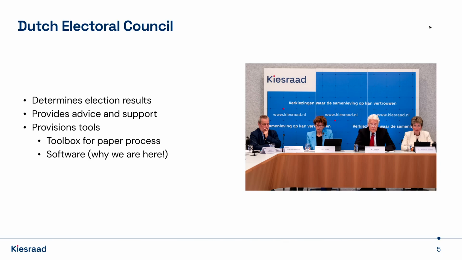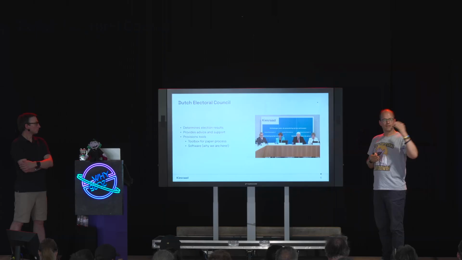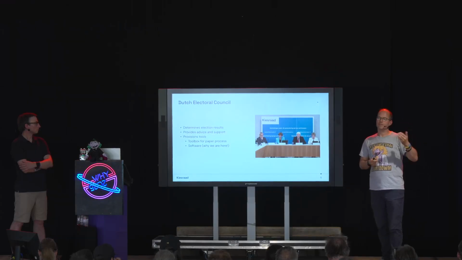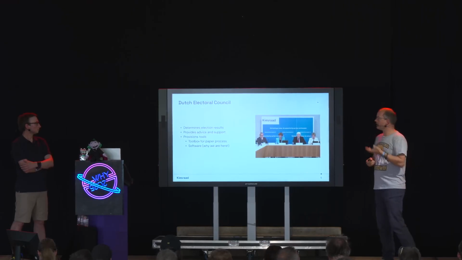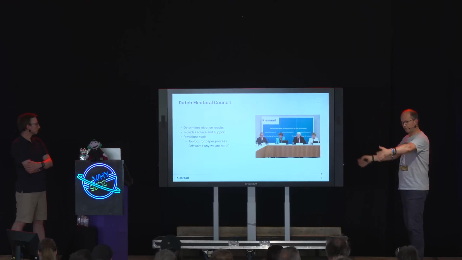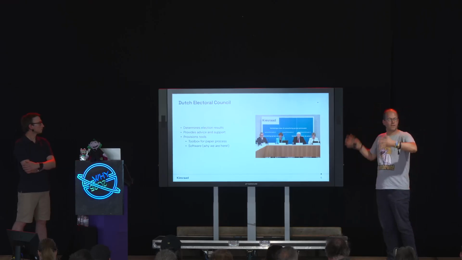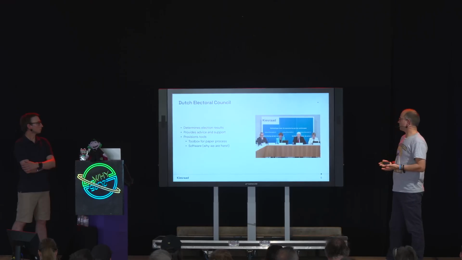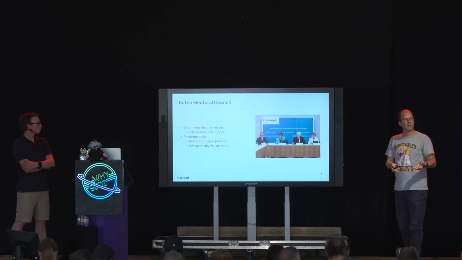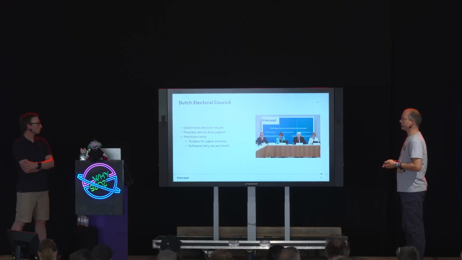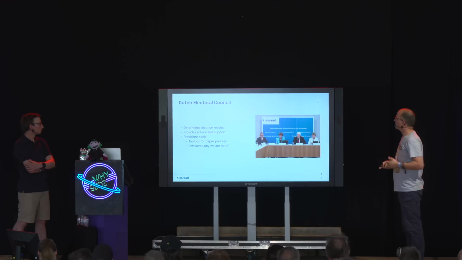Basically, we have a very explicit and elaborate election law that puts all the steps in the election process into law. It helps us a lot because it gives a very nice box of requirements. But being a legal system, it also needs some explanation. This we provide, and to aid in actually executing the process, which means running the elections, we have this nice bit of software, and that's why we are here.